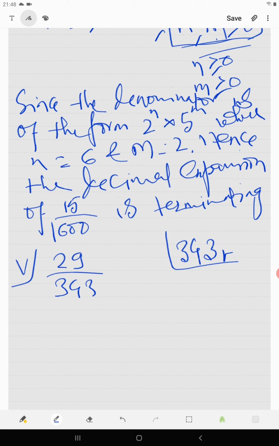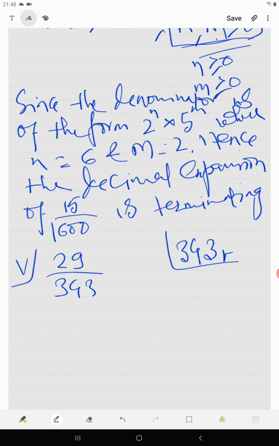Check it. Other than 3, the last digit should be 3. 3 into 1 is coming, but that is not true. It should be 2 digits or more than 2 digits. If we see that, there is no digit where 3 will come.